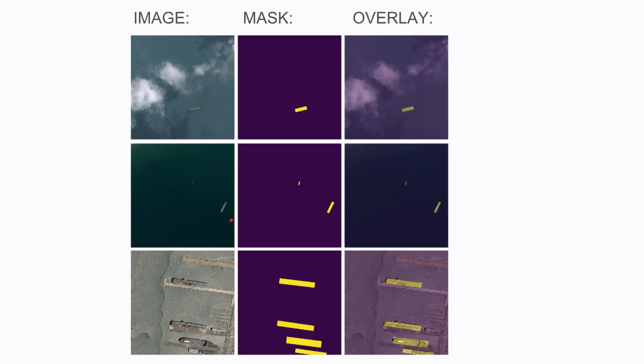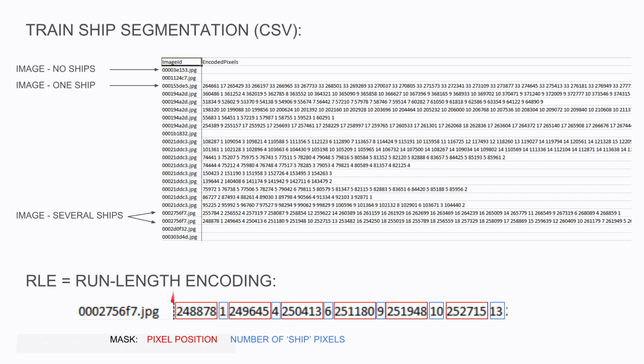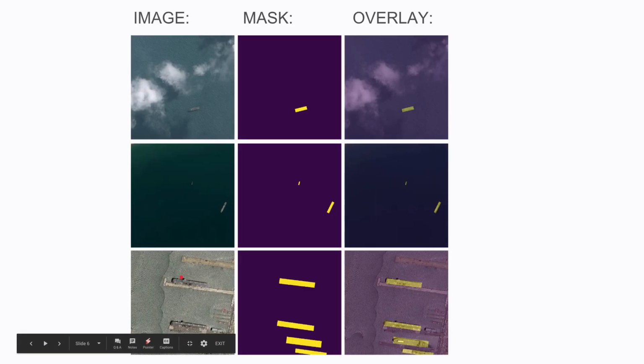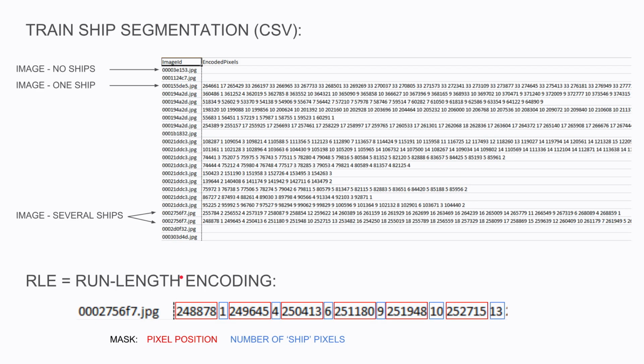How does the run length work, what does that mean? Okay, so it was a pair of numbers. The first number, in the red rectangle, was basically the position of the pixel with the ship on it, and the second number was the number of pixels that are labeled as ship.